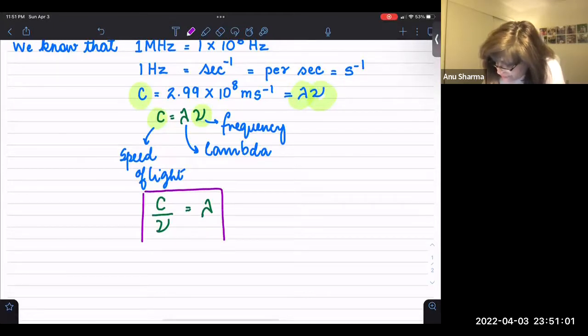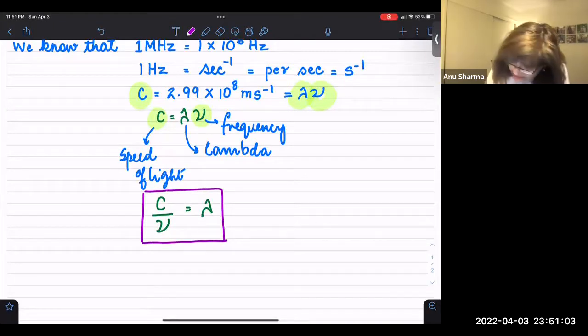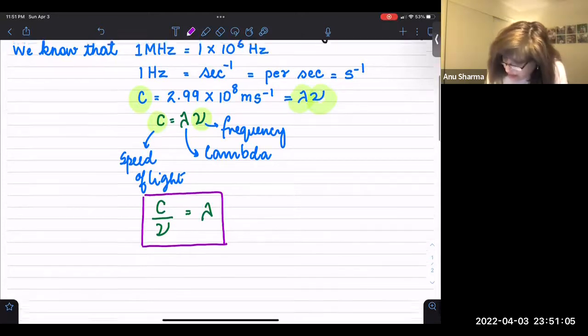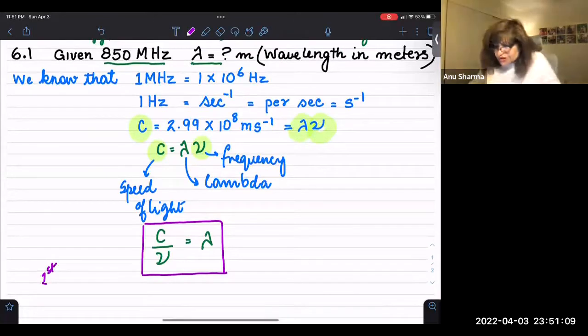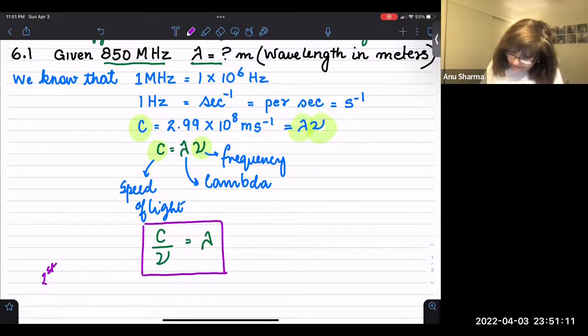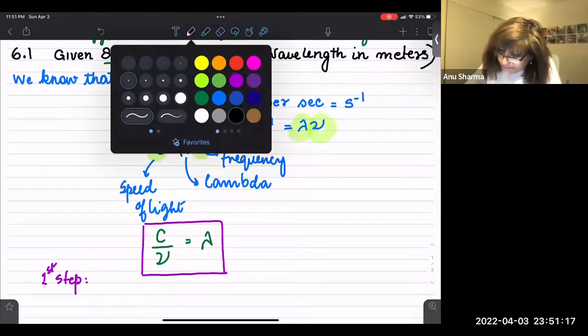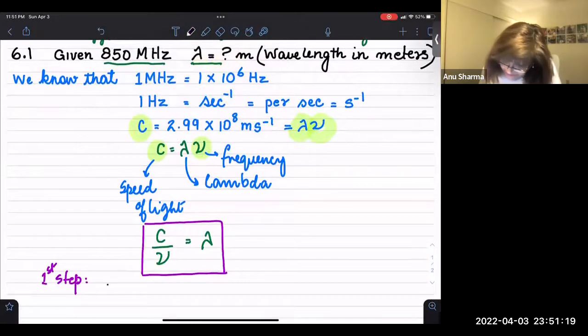However, we need to first convert the value of our megahertz. So the first step is you take 850 megahertz and convert it to hertz.